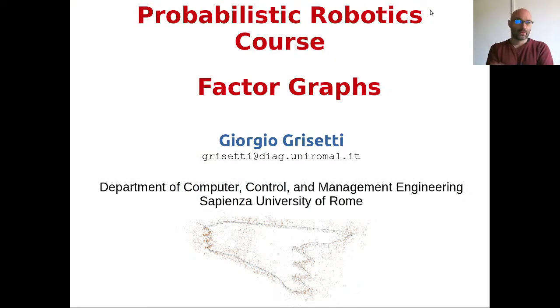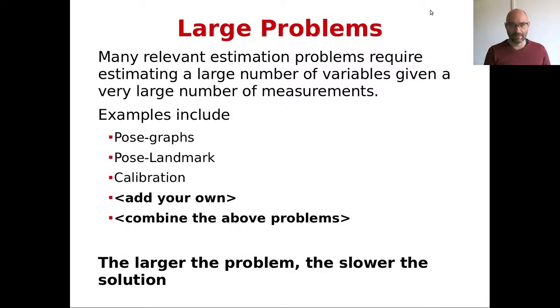So last time, in the second part of the lesson, we introduced the factor graphs. Stemming from this, so why do we need to do so? Well, because in the context of state estimation, which is in the end the area of our course, we observe that many inference problems require the estimation of a very large number of variables, and that are connected by an equally large number of measurements.